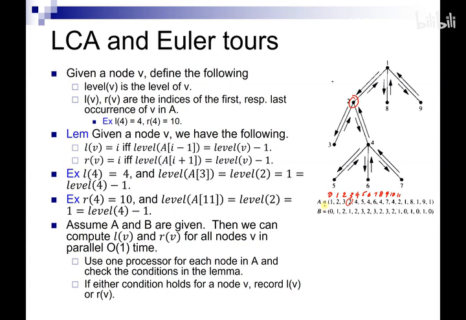Then each processor can just check this condition, which just involves reading from A and reading from B. You get the level values from B, and then you read from A, and whenever this condition holds, you know that you've computed either L of V or R of V. So all of this can be done in parallel in constant time.